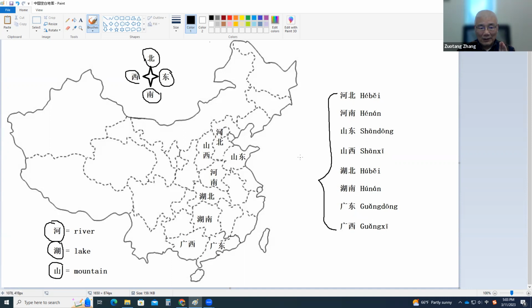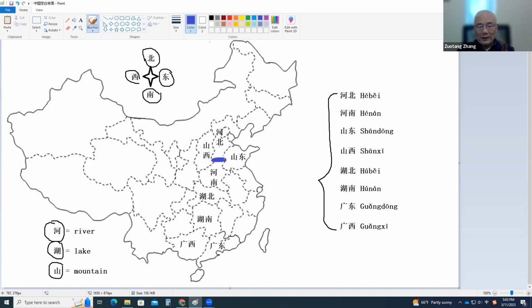Okay, now I'm going to mark this. Let's see if I can get a different color. Let's try the blue color. Okay. So since this is Hebei and this is Henan, we can assume that somewhere there is a river, a river that separates Hebei and Henan.